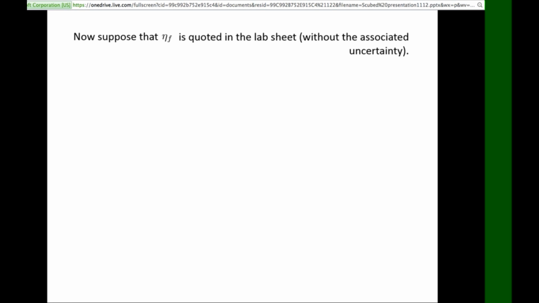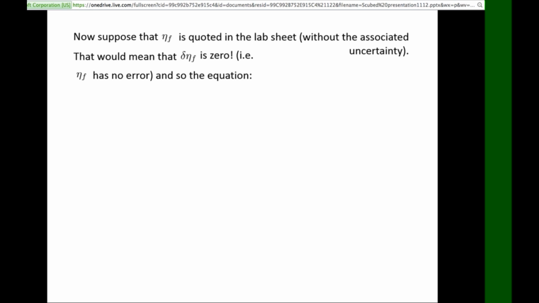Now, suppose that eta f is quoted in the lab sheet. That is, you've got a quoted value of eta f. That would mean that its uncertainty is 0. Even if it's not, the fact that it's quoted means that you should consider the error to be 0, because you yourself can't calculate it and can't find it out. So let's consider again this formula.